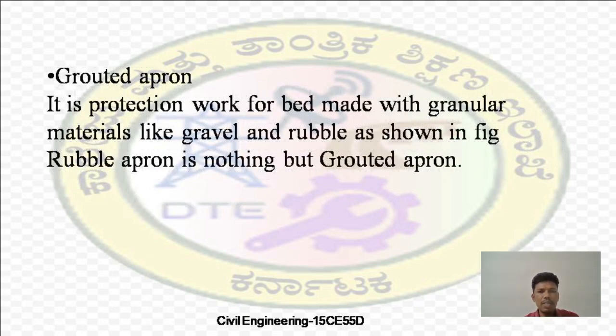Grouted apron. As I said, if the bed protection is provided with concrete or solid impervious material, that is a solid apron. If it is provided with some granular material or rubble materials or pitching works, that can be called a grouted apron or rough stone apron. It is protection work for the bed made with granular materials like gravel and rubble, as shown in the figure.